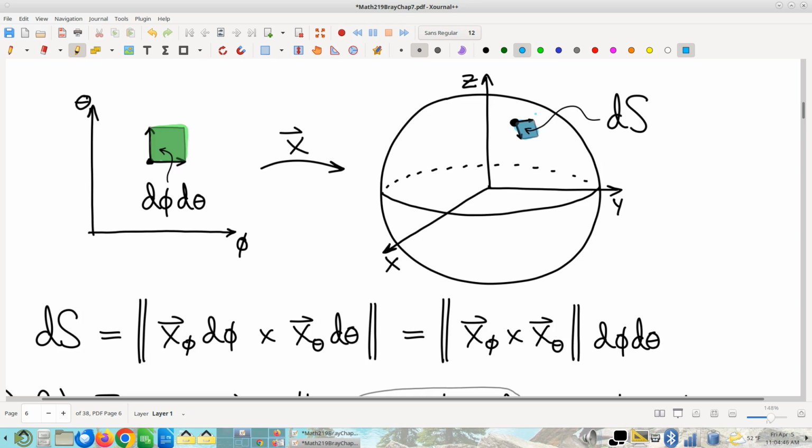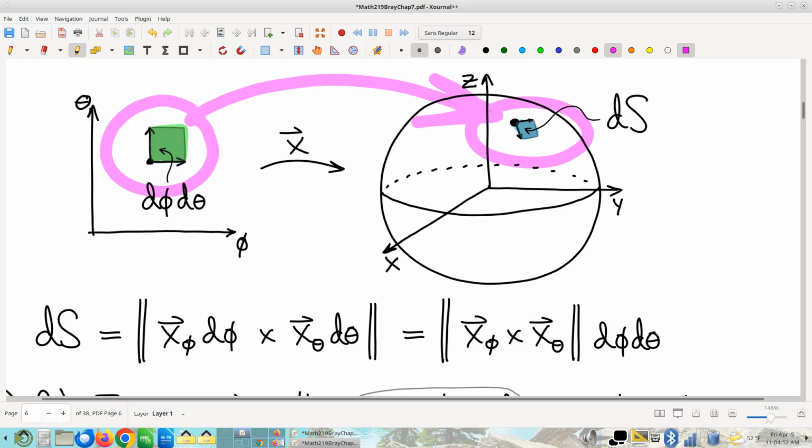And related to that, we're going to need to know a stretching factor. We're going to need to know by what factor the green area gets stretched out to create this blue area. I hope that rings a lot of bells. This is ripping off the idea we did with change of variables, and also the idea that we used for line integrals.